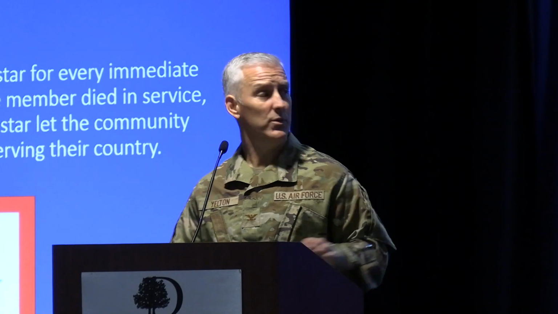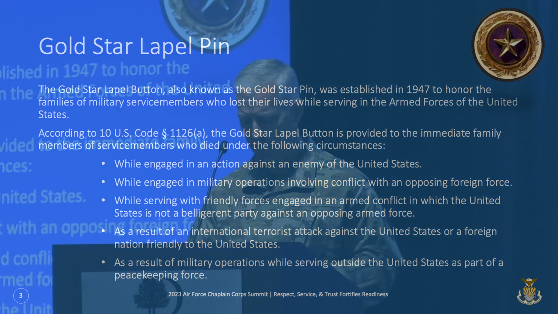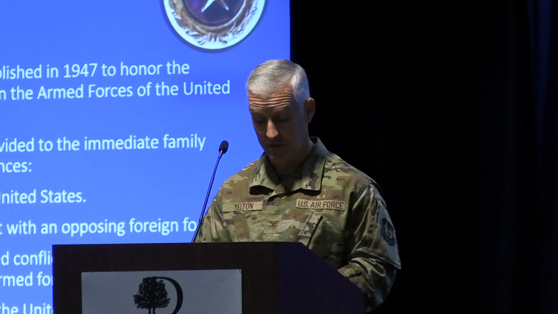Okay, next slide. Another symbol that you will see that is associated is the Gold Star lapel pin. And there's a picture of it there. So the Gold Star lapel button, also known as the Gold Star pin, was established in 1947 to honor the families of military service members who lost their lives while serving in the armed forces of the United States.